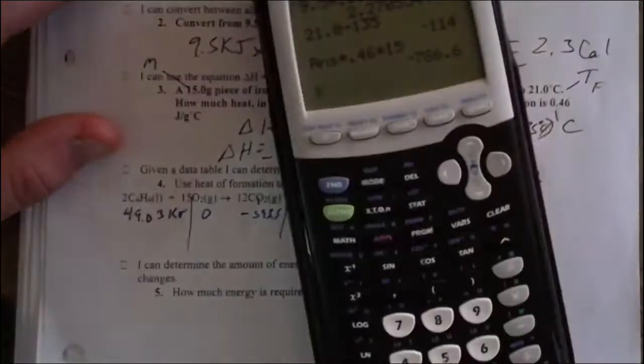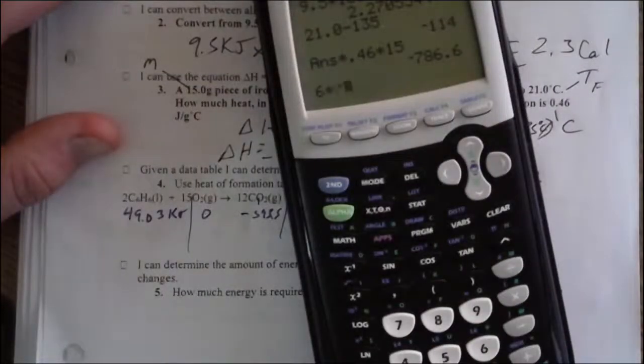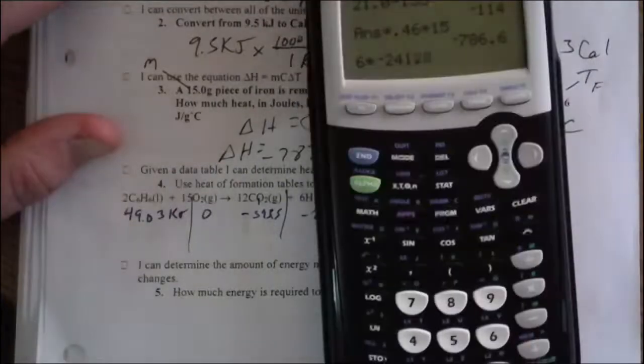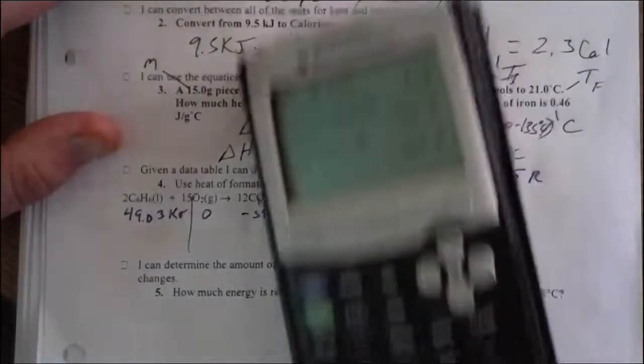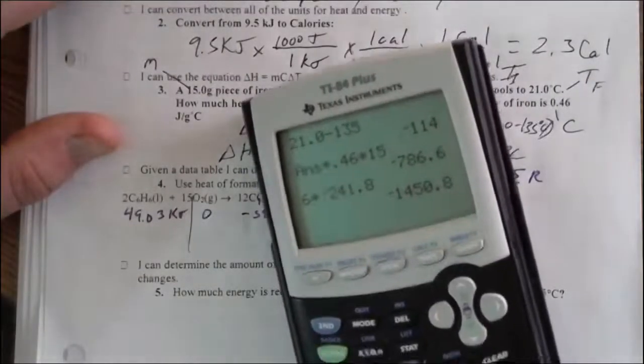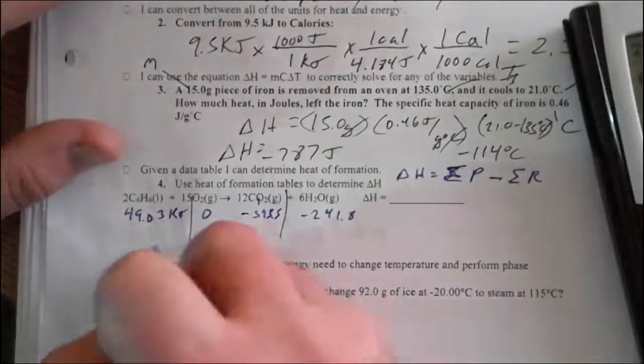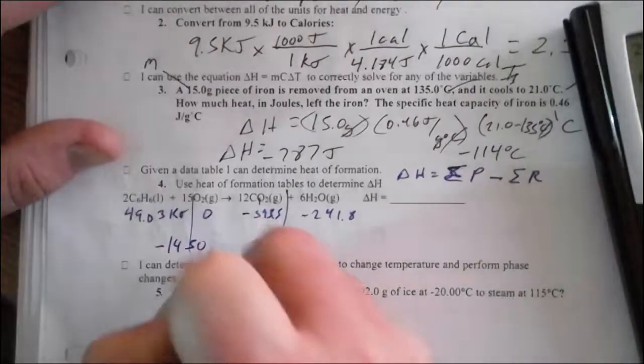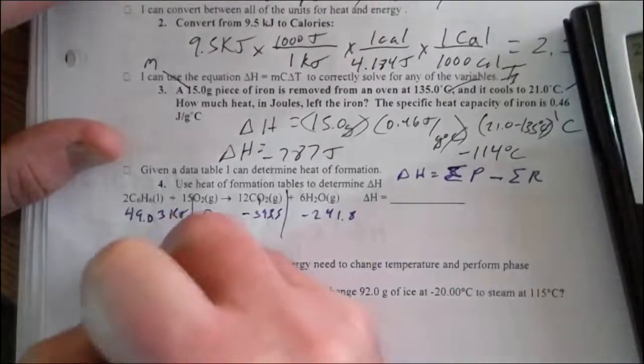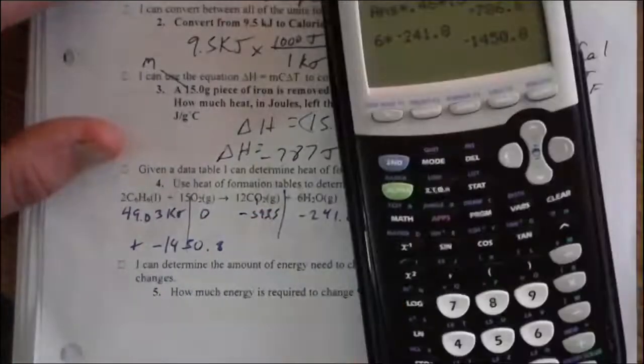So, 6 times negative 241.8 is 1450.8. We're going to add that to 12 times 393.5.